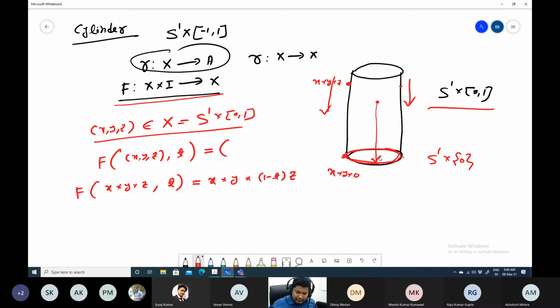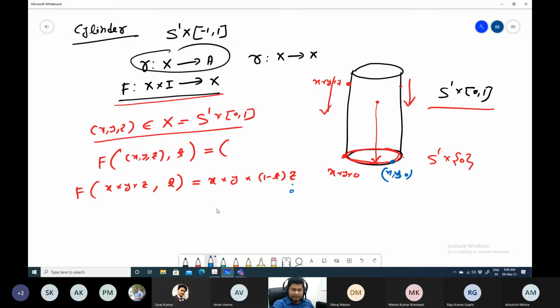And also, if you have some point which already has z equal to 0, that is (x, y, 0), then it will be fixed throughout all t, because your z equals 0. So this is always fixed for any t.